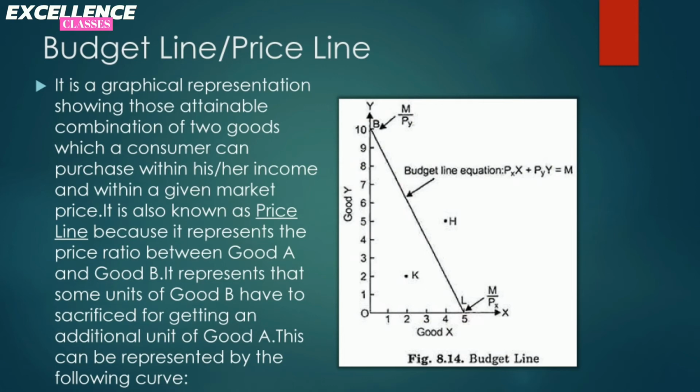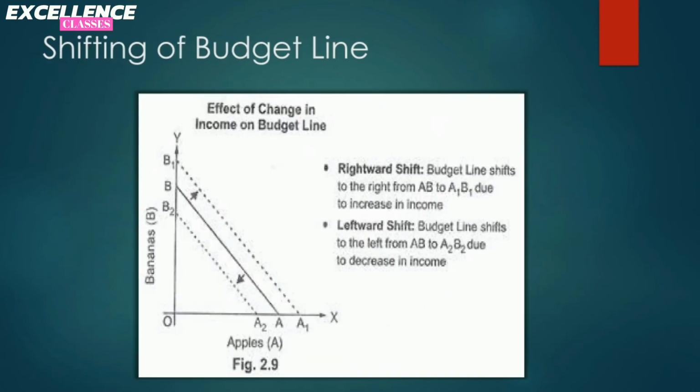Okay, now let's move to our next topic, which is shifting of budget line. Budget line shifts forward or rightward without changing in slope when income of consumer increases. Prices are assumed to be constant. On the other hand, budget line shifts to the backward or leftward without changing in slope when consumer's income decreases.